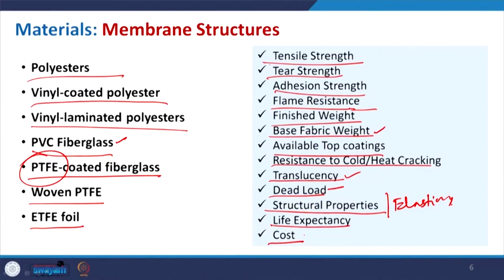And the cost: anything you go and purchase from the market, cost definitely plays a crucial role. Among the available options, you will go for the material that is cheaper and also satisfies most of the criteria.